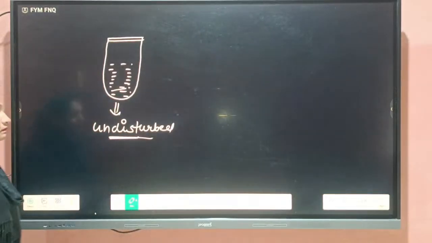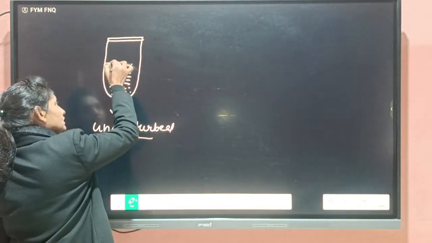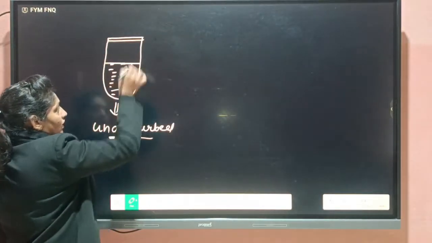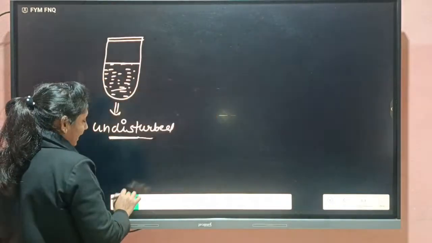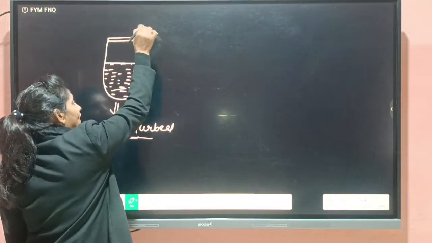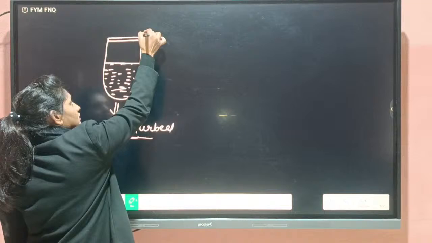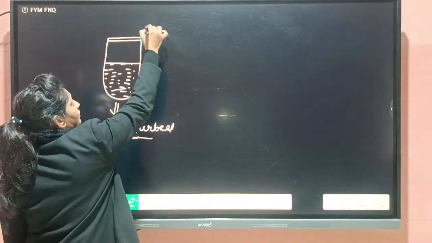After some time, students, we will add some ink of any color. Let us consider I am adding ink of the blue color.